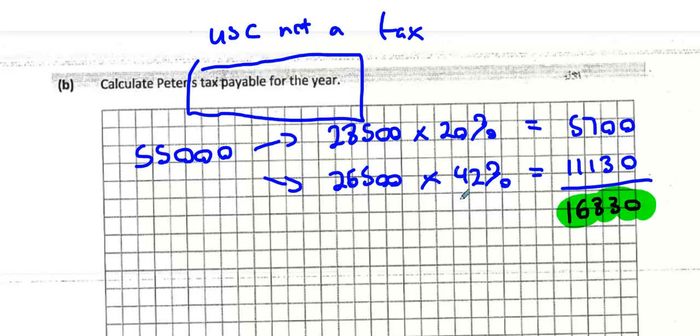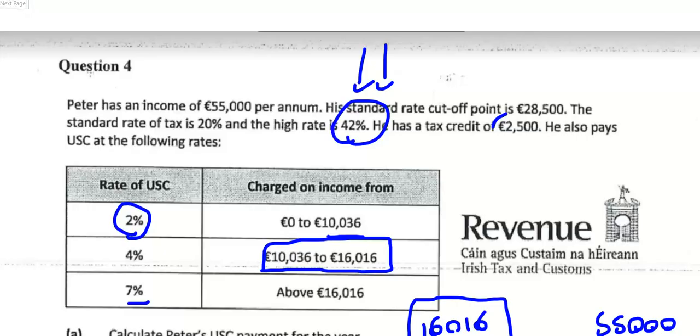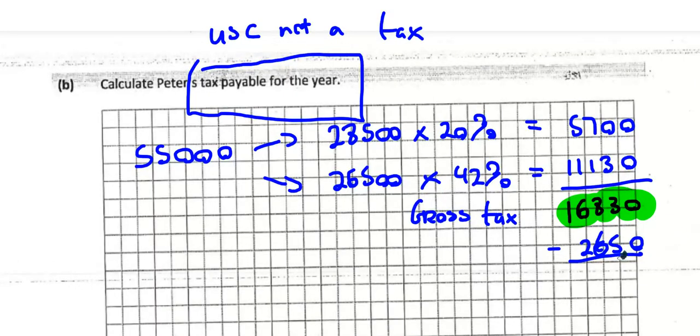Nope, it's known as gross tax. Gross tax is the tax you're meant to pay, and then tax payable is minus the tax you're not going to pay because of your tax credits. 2,500, is it? Let me check. Yeah, sorry, 2,500. Or let me recheck the question.